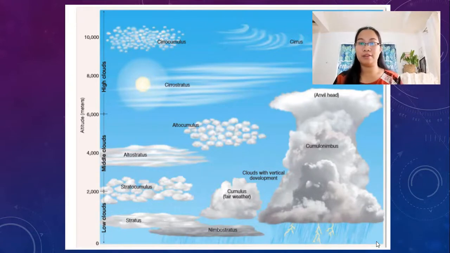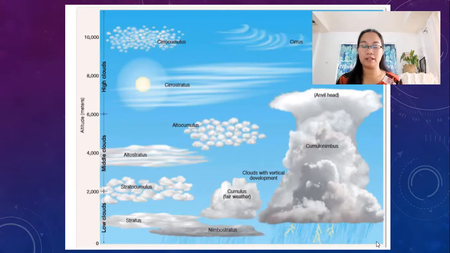You can see here another illustration about clouds. At low level, it is less than 2,000 meters. Between 2,000 to 6,000 meters, we have the middle clouds. And above 6,000 meters, we have the high clouds. Examples for the high clouds are cirrocumulus, cirrostratus, and cirrus clouds.